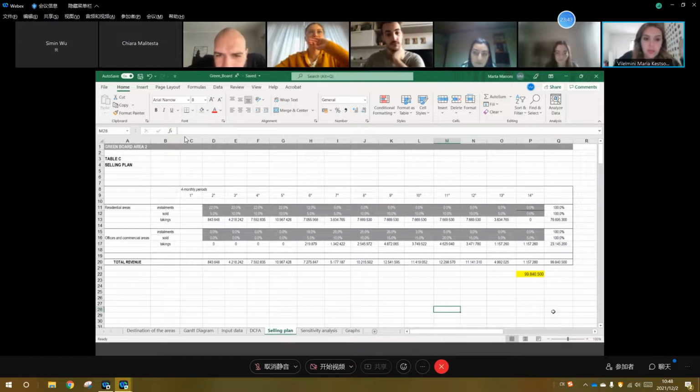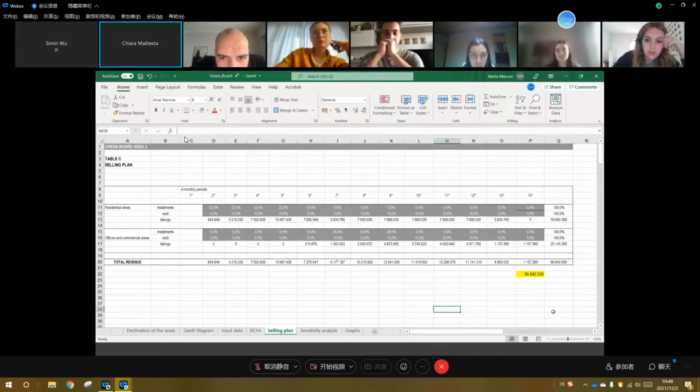Chiara, if you want to add. Okay, actually here we just calculated and put the percentage based on when we think to sell the different residential or office areas. Based on the sold row, we were thinking to start selling from the second semester, when the buildings are starting to be built, and going slowly till the 30th quadrimester.